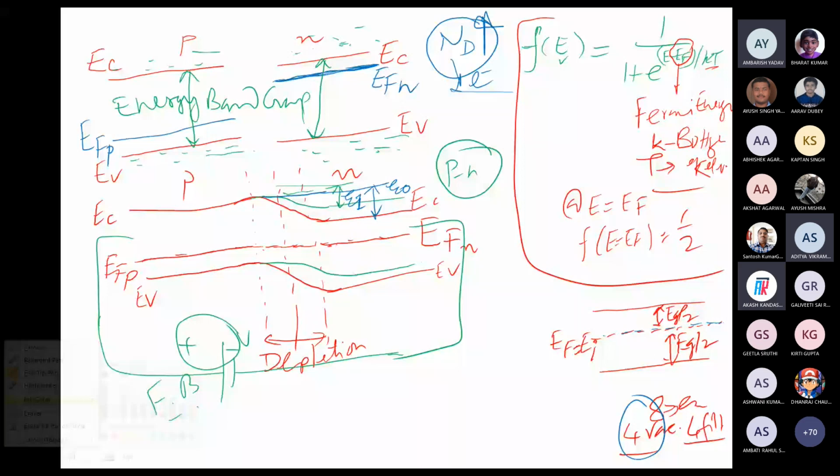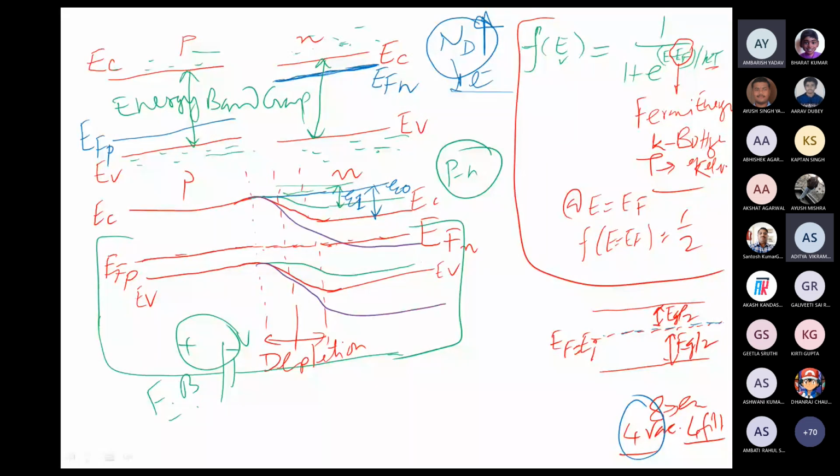Okay, in the same diagram I am just drawing here, so the things may seem to be very complicated here. So the energy barrier is now going to be this much. So this is E2. So we can see the energy barrier increase or decrease depending on the forward bias or reverse bias. So this is because of this reverse bias here.